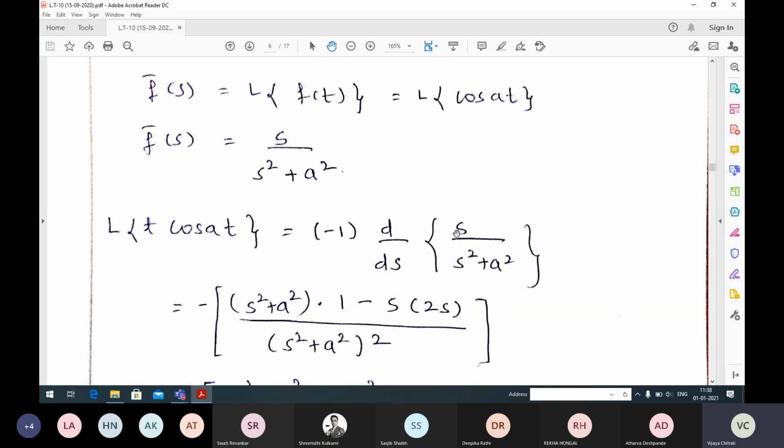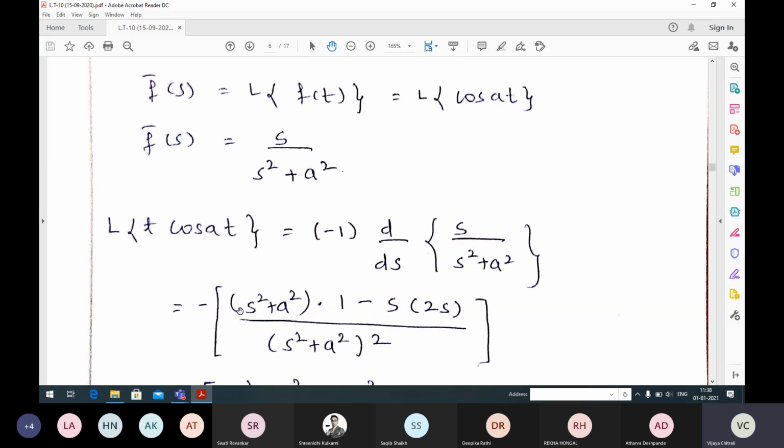In the numerator we have an s term, and in the denominator we have an s term, which means apply the quotient rule, the u by v rule. So the denominator is raised to 2: s square plus a square raised to 2.